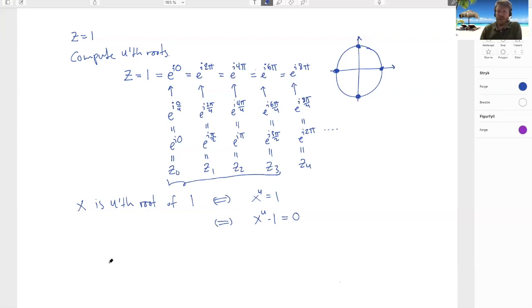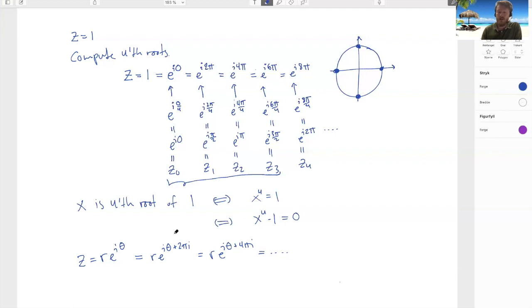Finally, what if I'm to find 4th roots of a more general number, so let's say this one here. Well, the trick is the same. I now express it in as many different ways as I can, like this, and so forth.